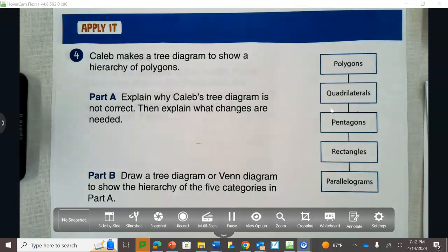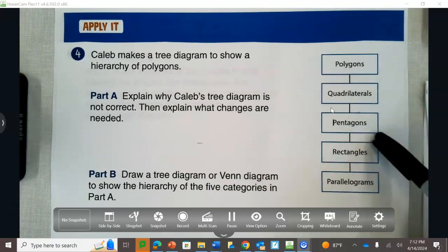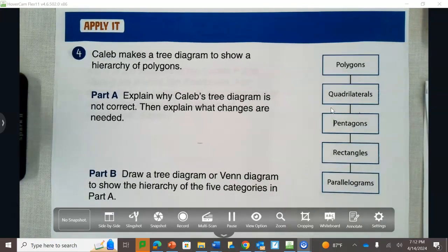So please check in with your sub to see if you can find out what shape does not fit the tree diagram, and you need to be able to explain why. So you have the polygons, quadrilateral, pentagons, rectangles, and parallelograms. What shape does not match this tree diagram? All right, remember, once you're done, you can get on iReady, MyPath, and then you can work on Fluency Flight.